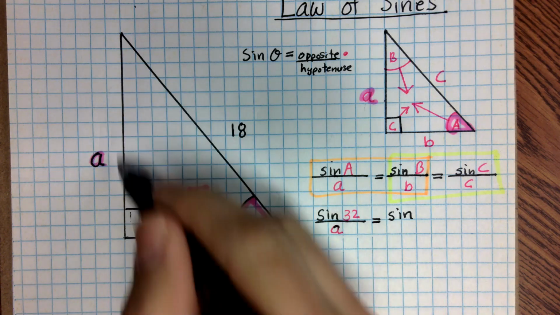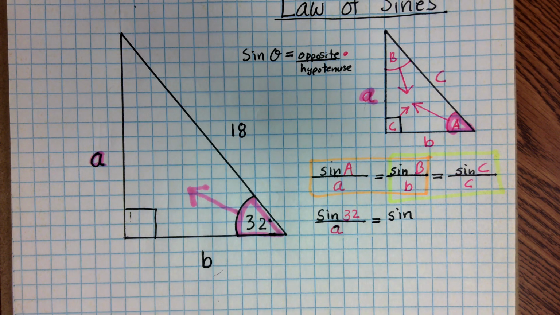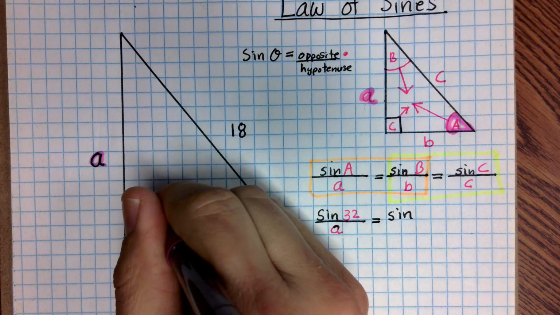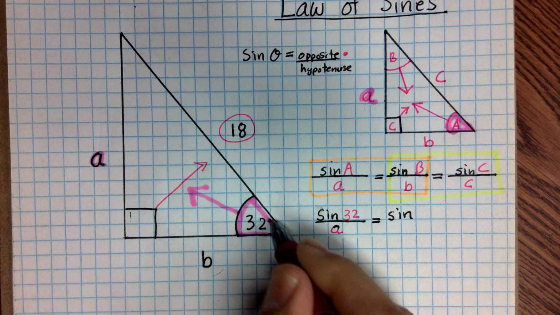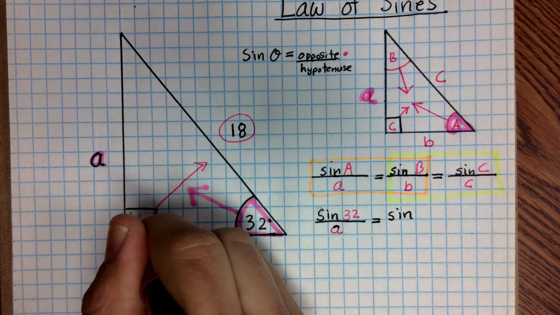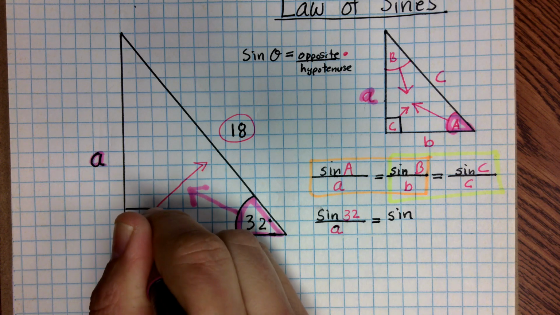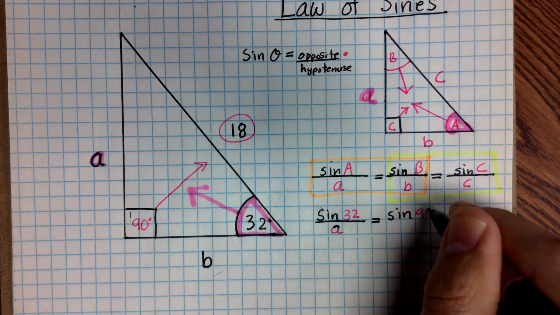I'm looking for a side of the triangle that has a value that I can use to set up this proportion. And I want you to notice that angle C has a value of 18. In other words, my hypotenuse is 18. And I know that angle C, this symbol here, represents a 90-degree angle. So I'm going to say sine 90 degrees.